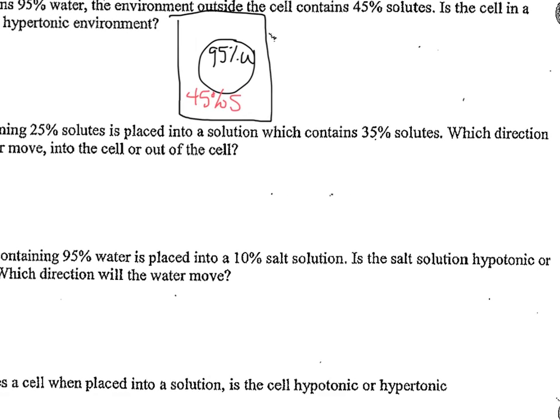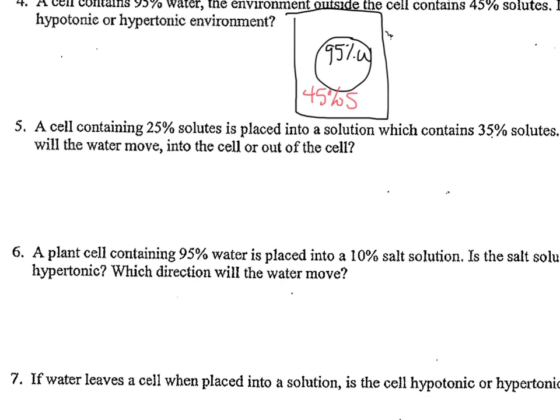And our question asks, is the cell in a hypo or hypertonic environment? Okay, so once again, we're looking at the outside part. So this problem is the first one we've seen where the solute and the water concentrations have been given, and we need to figure out the solute and the water concentration for the other component here. So let's take a look.